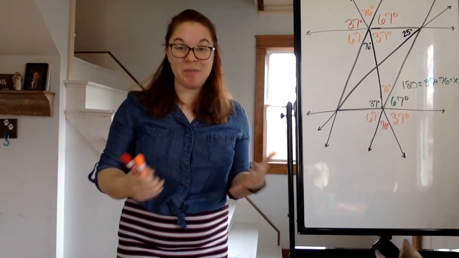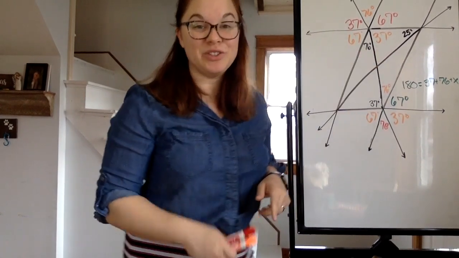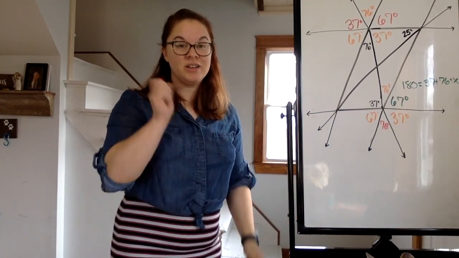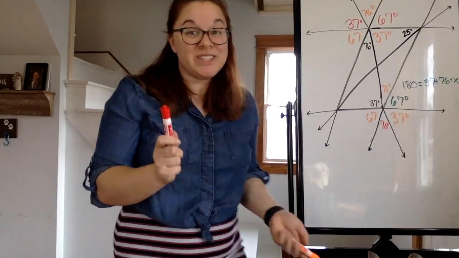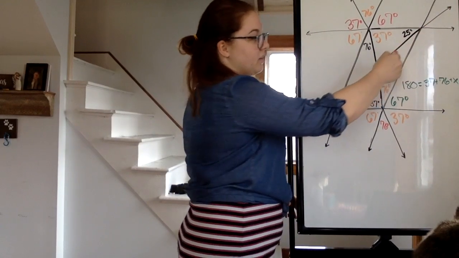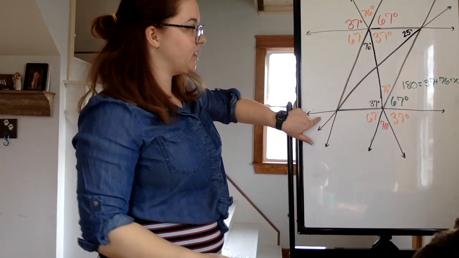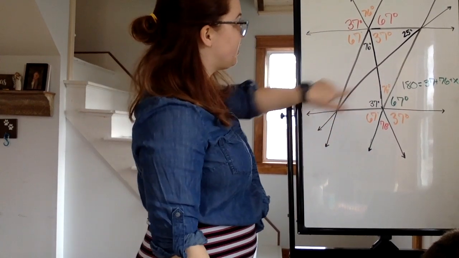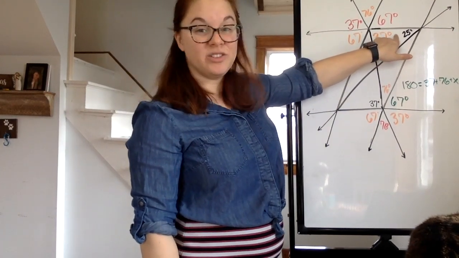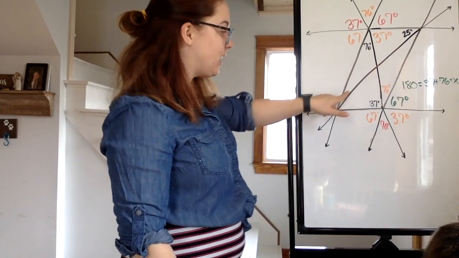We can use these same ideas to find the measure of these angles. So let's start with our corresponding angles because they're the easiest to find. I know when this transversal here hits these lines, that lower left-hand angle just below the parallel line is 25 degrees. So I follow it down.